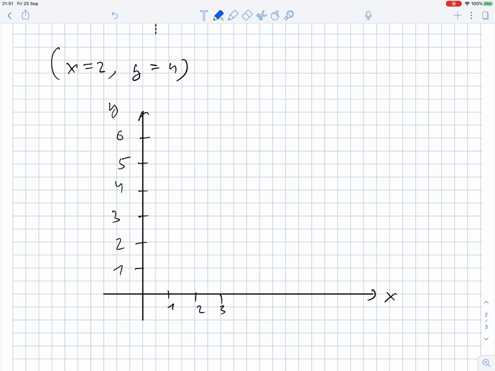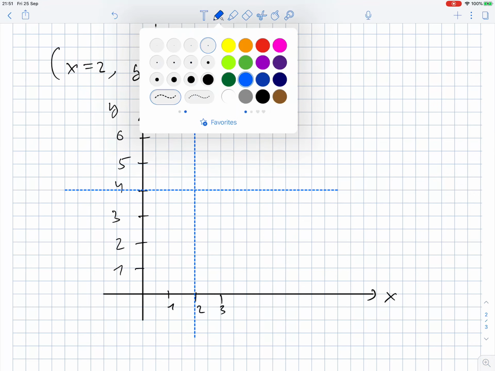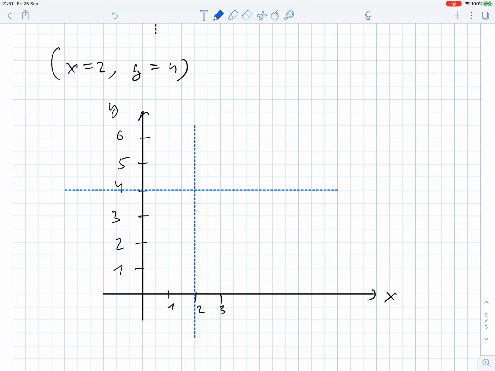Okay, x equals 2. We're talking about this point. So we'll draw an imaginary line that will be perpendicular to the x-axis, but will go through point 2. The same goes for y equals 4. And this crossover point is the coordinate of this point where x equals 2 and y equals 4. Now you have your second point.